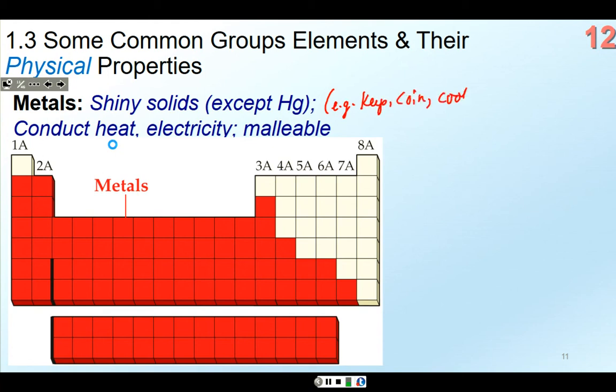Those all have characteristics similar to most metals. They're shiny solids. They conduct heat, which is why they're used in cookware. They conduct electricity, which is why they're used in wires too. And they are malleable. That's how you make coins: you pound it into sheets. That's what malleable means. Many metals are used to make coins and other sheet-shaped things, such as aluminum foil.